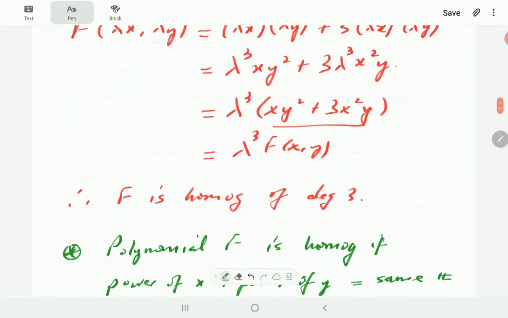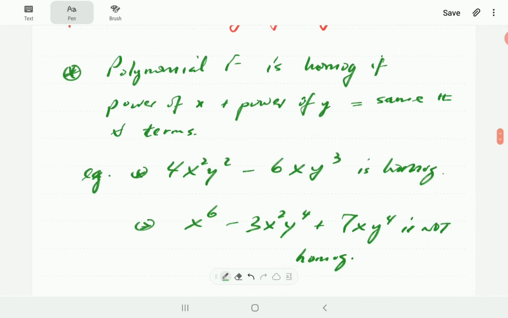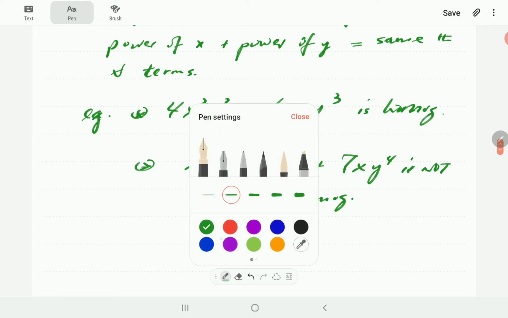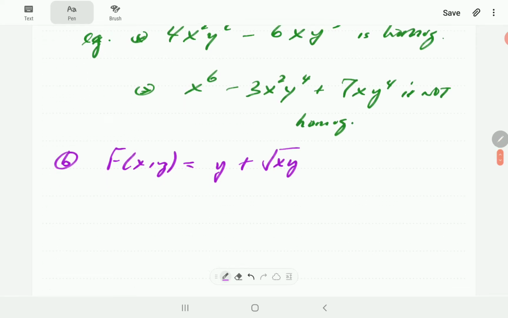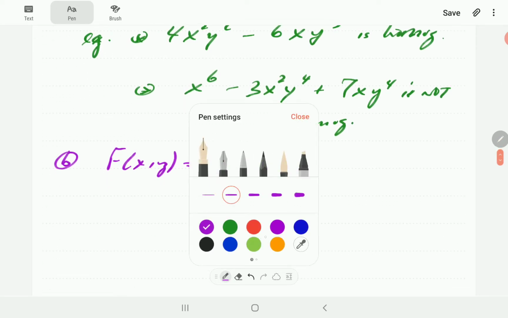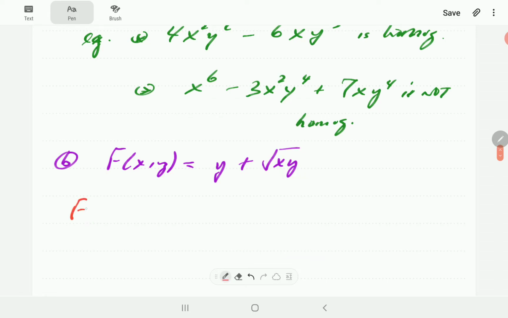So let's do another example. Suppose in B we have f(x, y) equal to y plus the square root of xy. So again, we're going to plug in lambda x for x, lambda y for y.